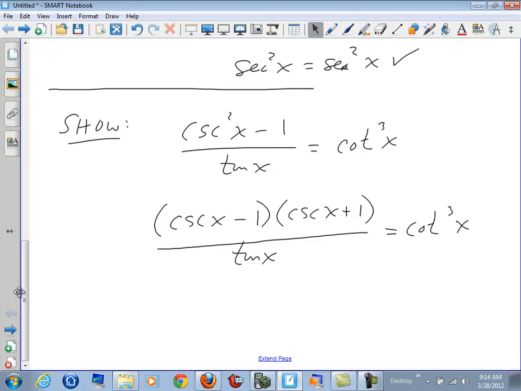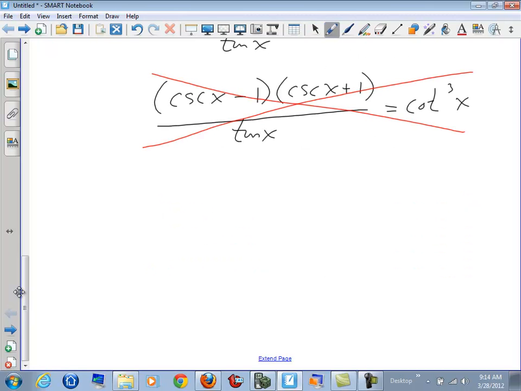I'm going to say, well, this was nice, this factoring idea, but I don't think that's going to help us. And then I look at that numerator again, and I have to think. I remember seeing a trigonometric identity with cosecant squared in it. So what was that trigonometric identity with cosecant squared?